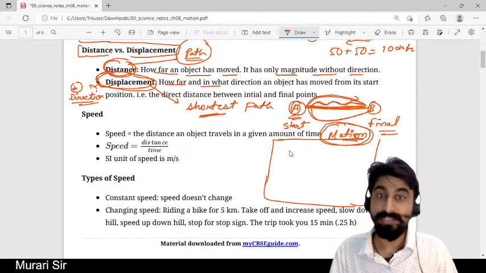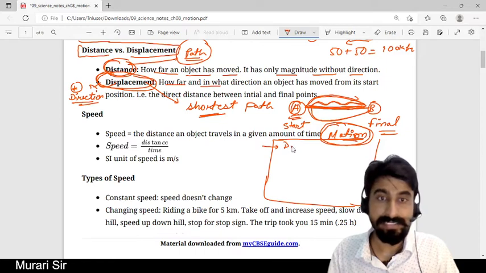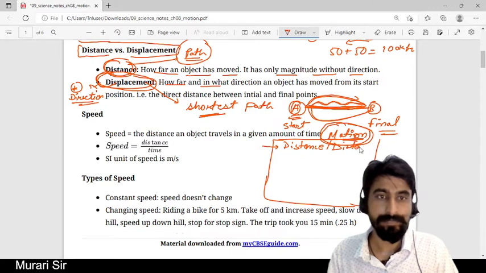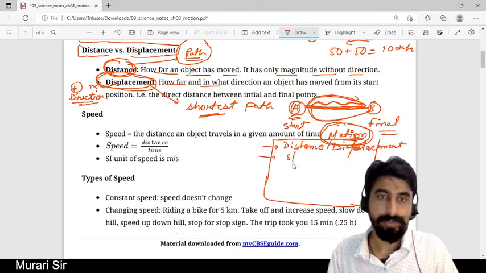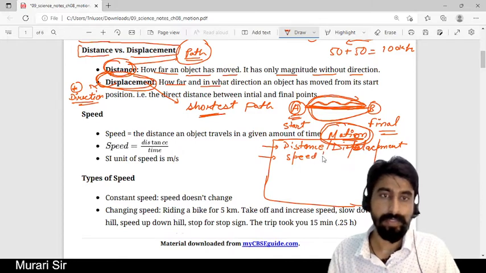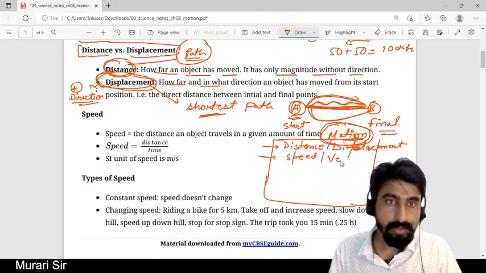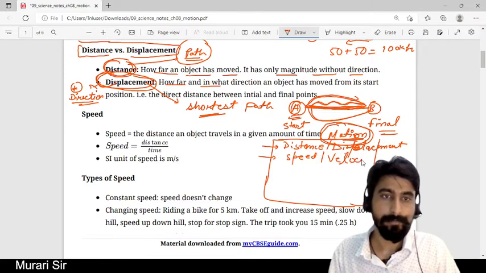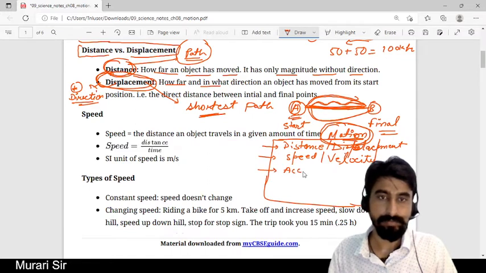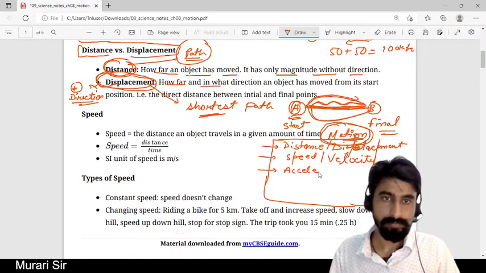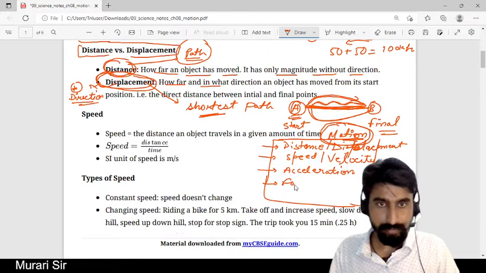So we have to understand some features, and those features are distance and displacement, then speed, and its vector part is velocity, then acceleration, and finally force.